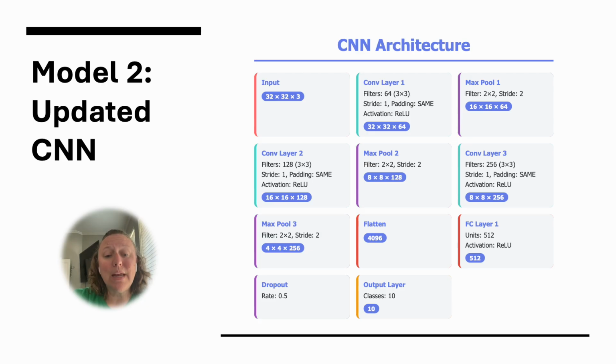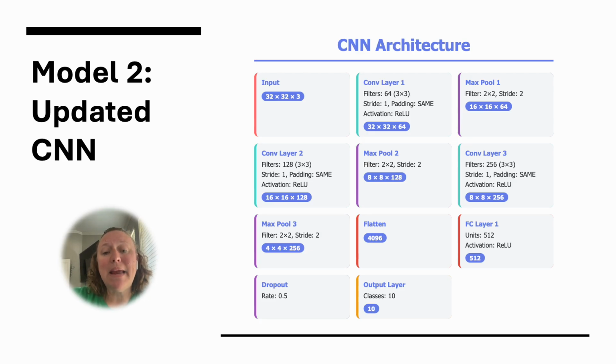And a final pooling reduces to 4 by 4 by 256. After flattening to 4,096 values, we use a fully connected layer with 512 neurons, which are optimized for the increased feature representation.